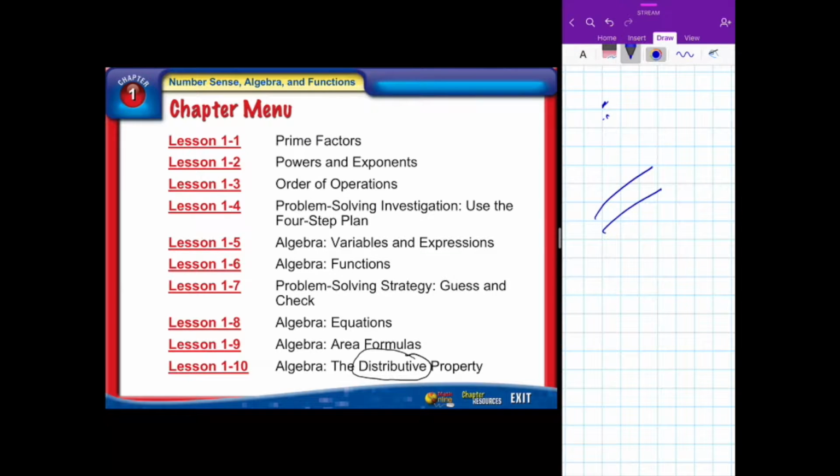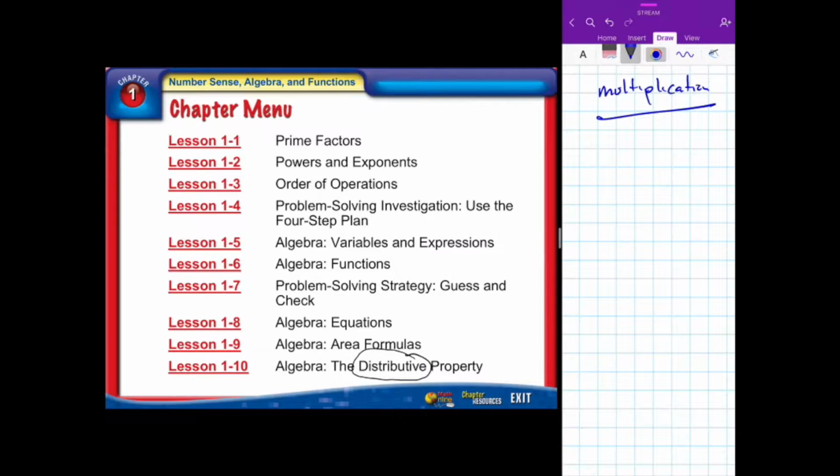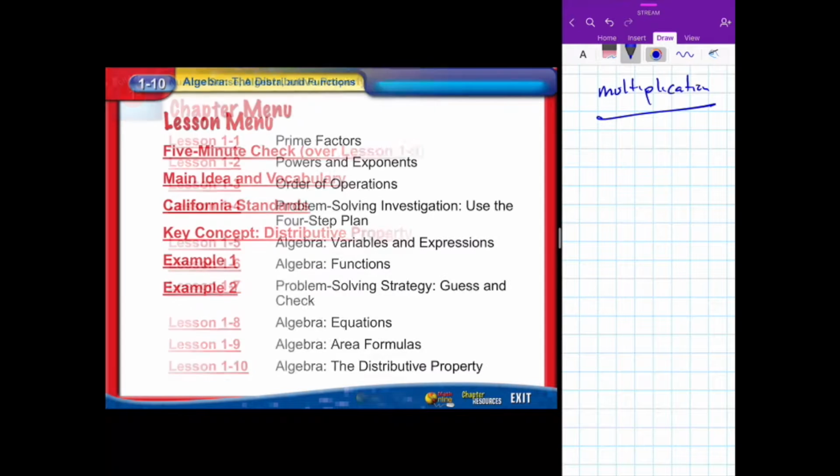Today's big concept is it's actually a very short lesson, but there's going to be a lot of multiplication. So today is going to be a day full of multiplication, so we're going to want to make sure that we are on our multiplication facts. Okay, so let's go ahead and get started.